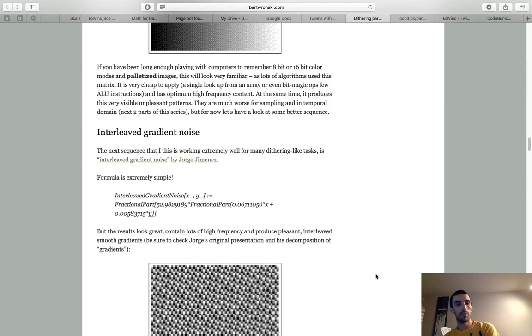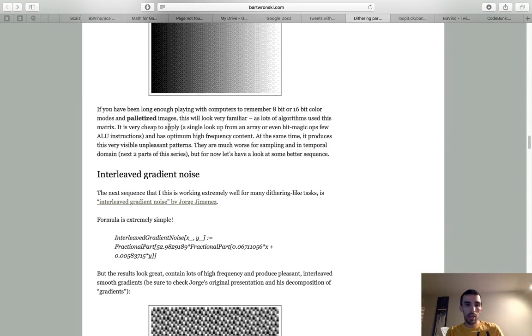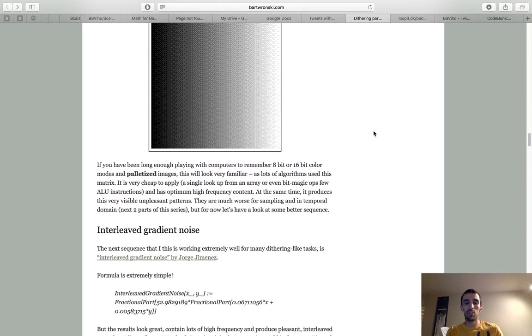If you've been playing with computers long enough, you remember 8 or 16-bit color modes and palettized images; this will look very similar. Yes, it does. It's cheap to apply, yep, because there's only a single lookup. You do the single lookup, and then you just do a comparison and say if it's higher or lower. And it has your optimum high-frequency content. At the same time, it produces very unpleasant patterns.